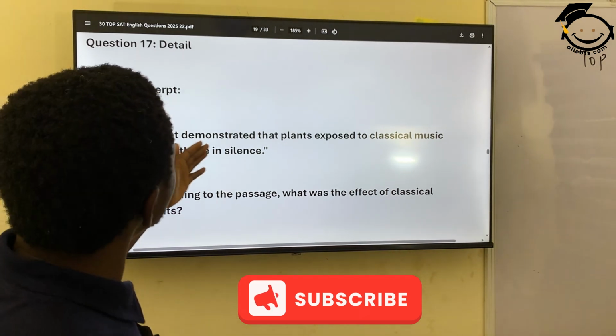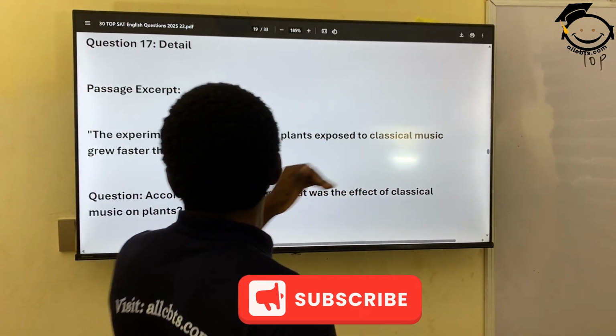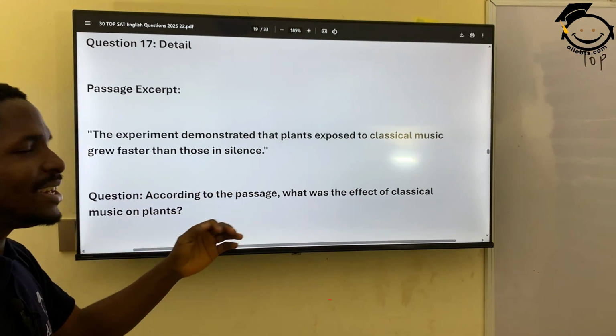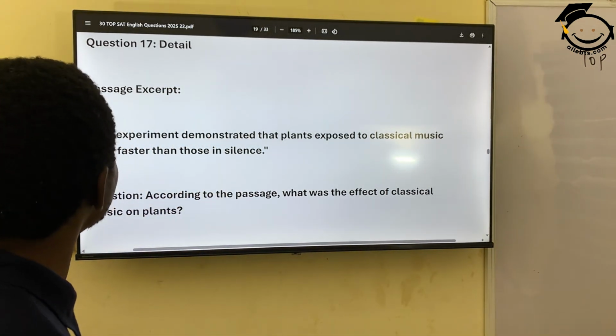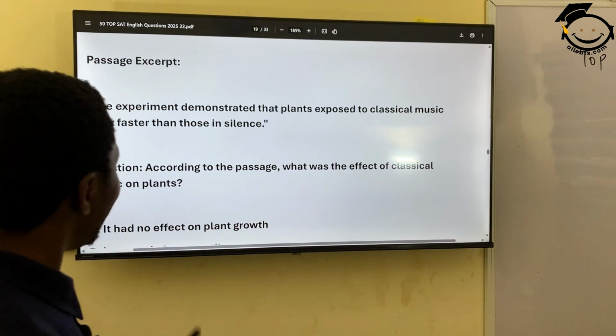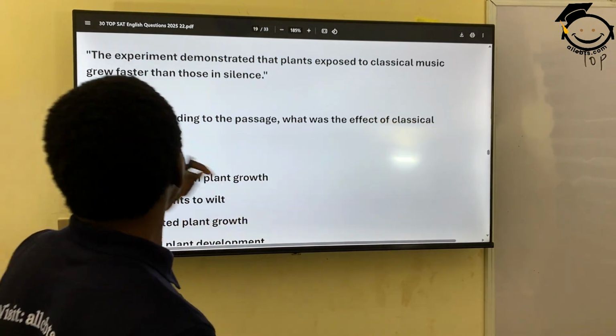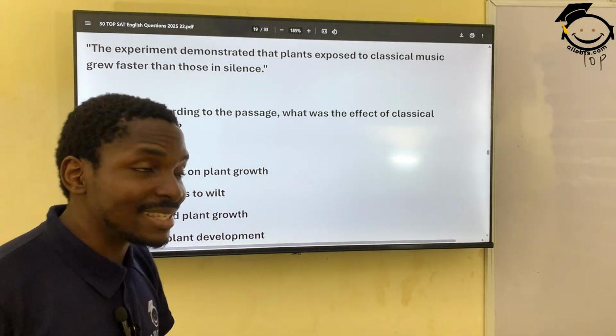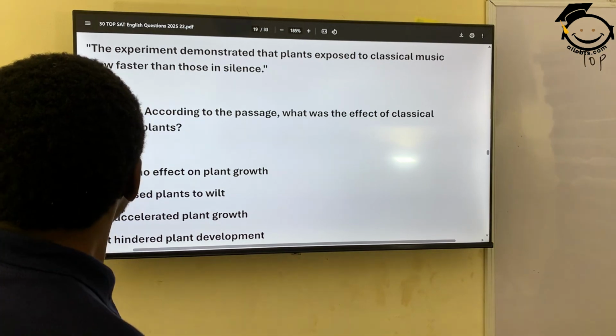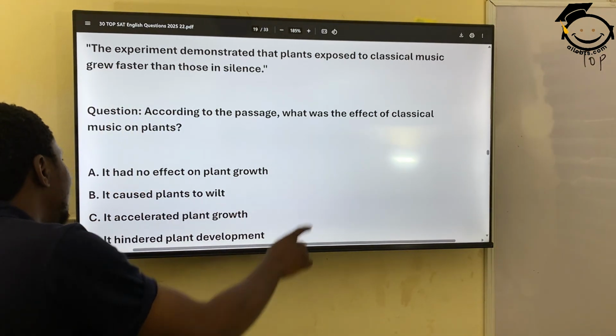The experiment demonstrated that plants exposed to classical music grew faster than those in silence. How interesting. Now the question: according to the passage, what was the effect of classical music on plants? You see, every living thing listens. Interesting. A. It had no effect on plant growth.